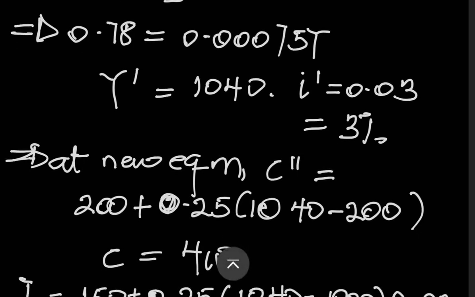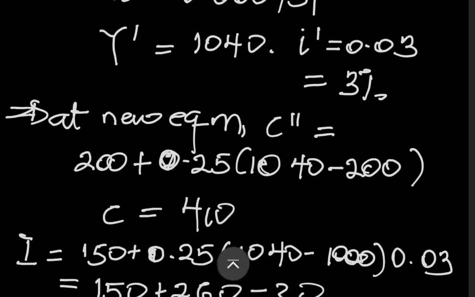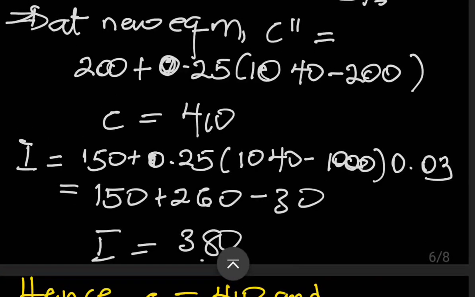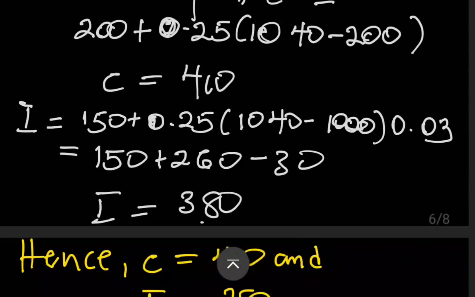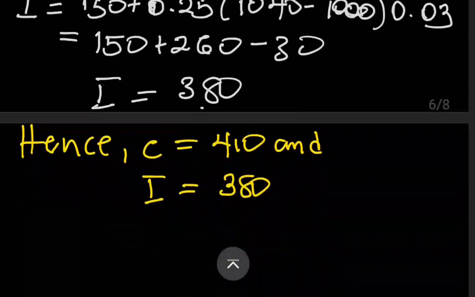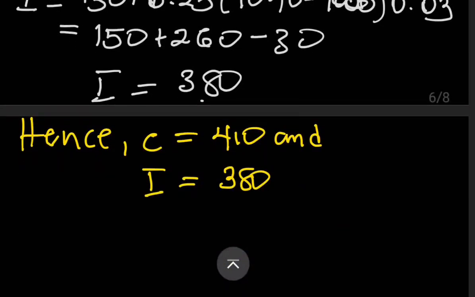And also, you have to realize that at the new equilibrium, C will be equal to 200 plus 0.25 (1040 minus 200). Then you will have our value for C, that is 410, and also our value for I will be equal to 380. And hence we say C will be equal to 410 and I will be equal to 380.